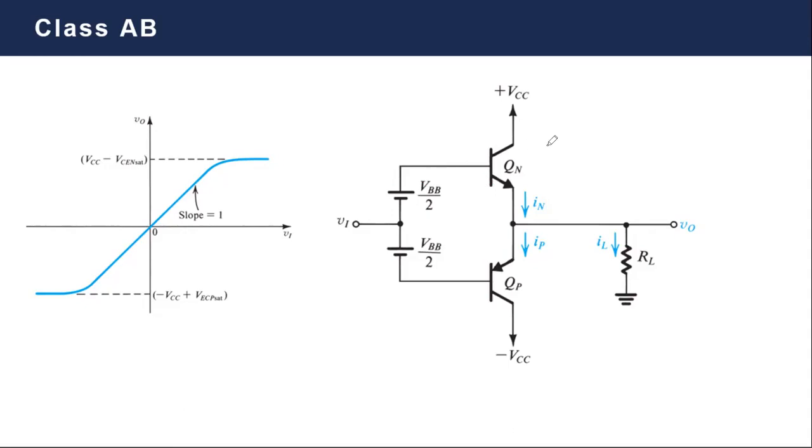Now, your QN will work in the whole positive cycle and some short time during the negative cycle. And your QP will run during the negative cycle and a small portion of the positive. This is like a handover between these two transistors. Okay, so this is simply what will happen for a class AB amplifier.